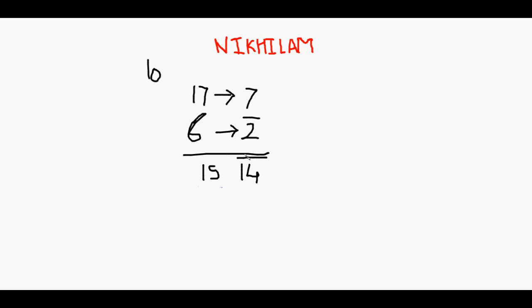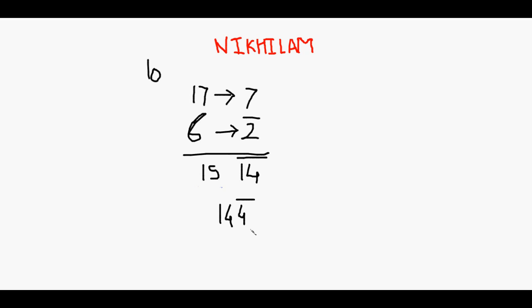Now as we have seen in the last example, our base is 10, so there should be only one digit on the right hand side. So we have to subtract the number 1 bar from 15, so it will give 14 and 4 bar. Now we have to convert this 14, 4 bar negative number into the positive number.